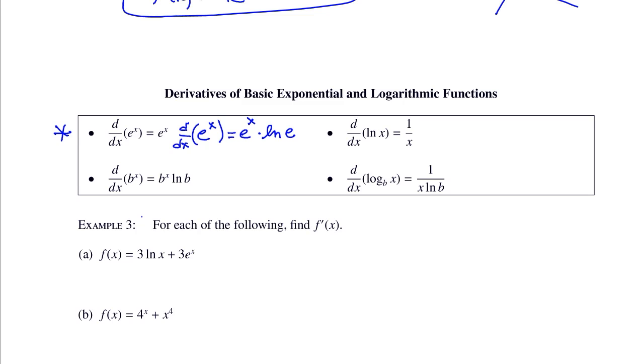Well, what is the natural log of e? That's 1. So this is e to the x. And so this checks out. This works. And you can do the same calculation on the right side. But you got to remember that the natural log of e is equal to 1.